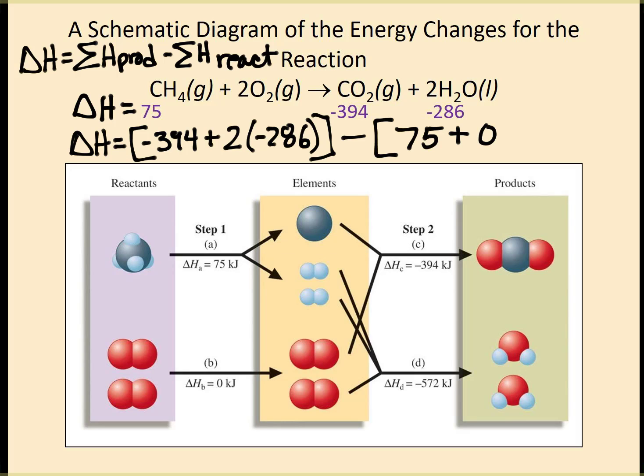Notice that oxygen's heat of formation is not given, and that is because it's an element. Doing my math, I get a negative 1041 kilojoules per mole. So this is an exothermic reaction. This is the amount of heat that leaves. And down here we have a little picture that shows each of the steps, what the change in enthalpy is.